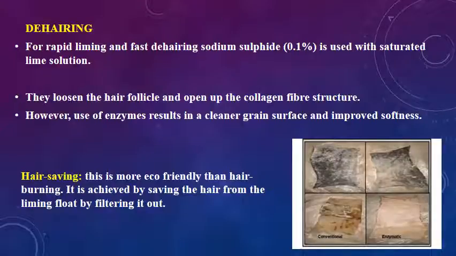They loosen the hair follicle and open up the collagen fiber structure. So liming or using chemicals like sodium sulfide loosens the hair follicle and makes it easy to remove the hair. However, use of enzymes results in a cleaner grain surface and improved softness. So there are better advantages by using these chemicals, which help in better cleaning, better surface and softness.